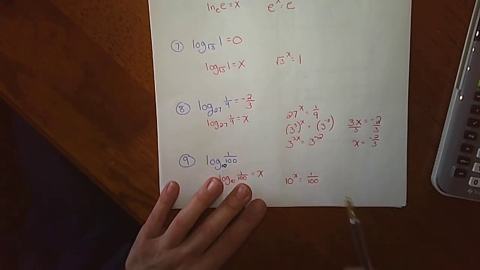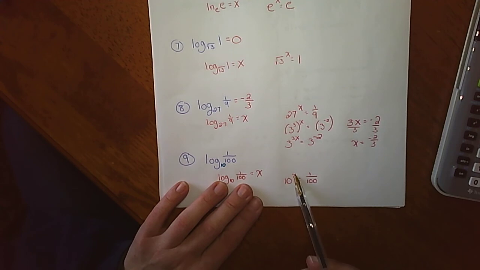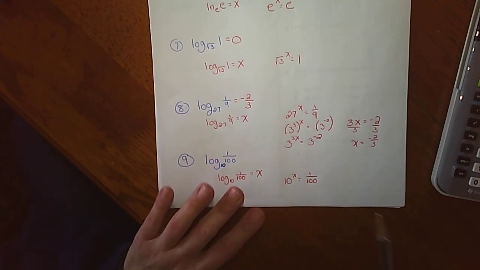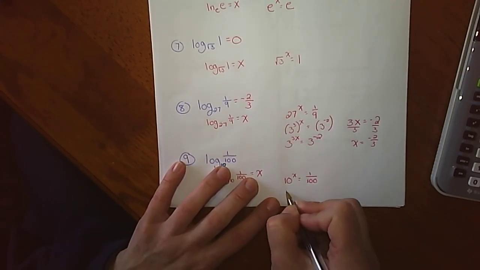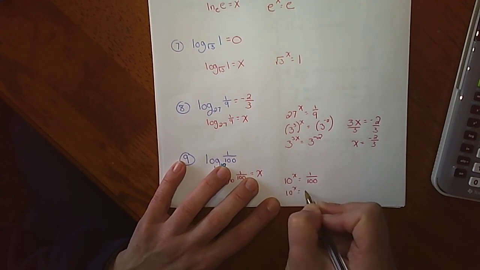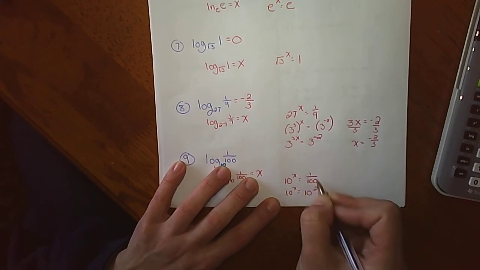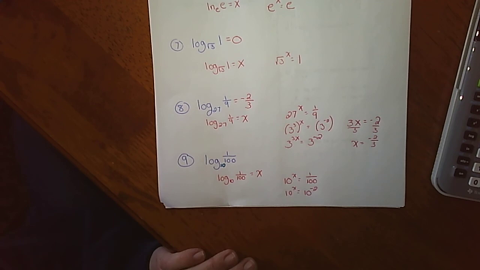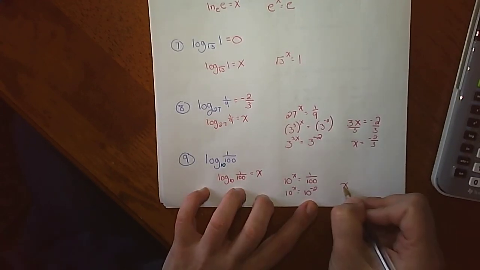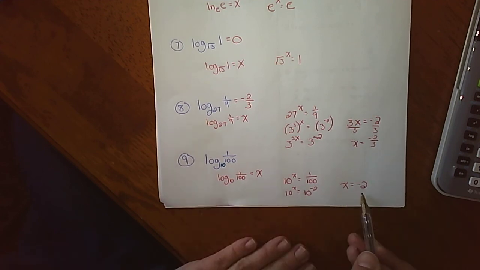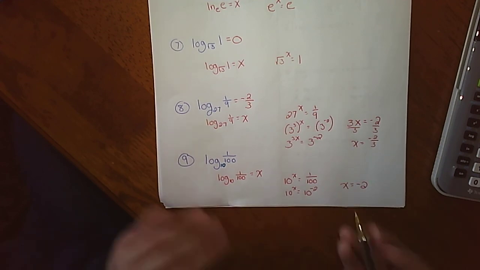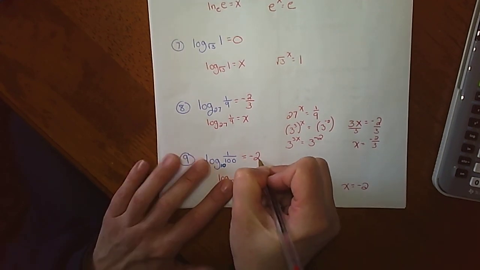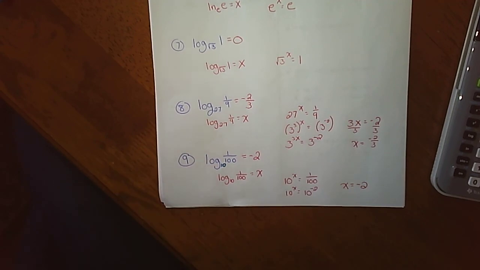Well, again, 10 to what power makes 100? You're thinking 2, right? But the fact that it's a fraction means it's a -2. So now since the bases are the same, we work with the exponents. So we have x equals -2. We're done.